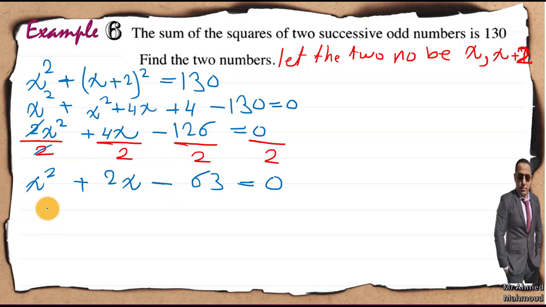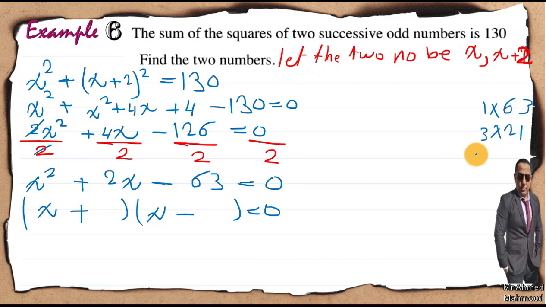Now I have to factorize this expression. I don't have a common factor to divide by. Okay, x and x. Because this is minus, I'm going to write two different signs, plus and minus. 63 equals 1 times 63, 3 times 21, 7 times 9.